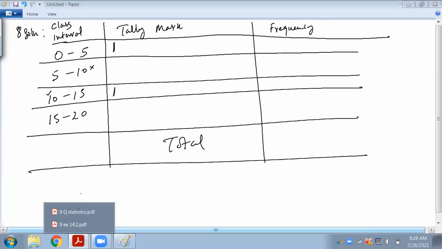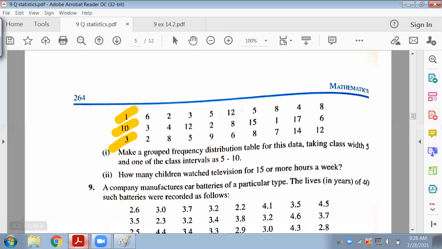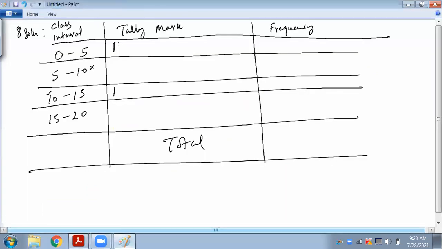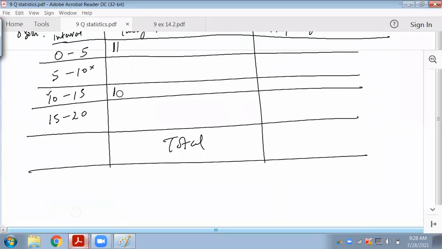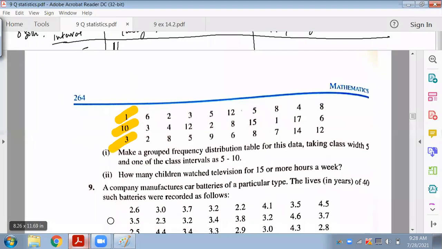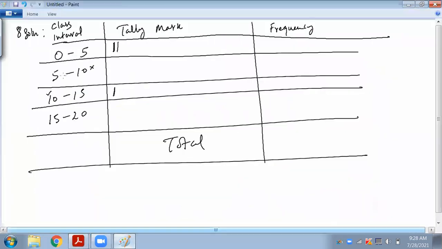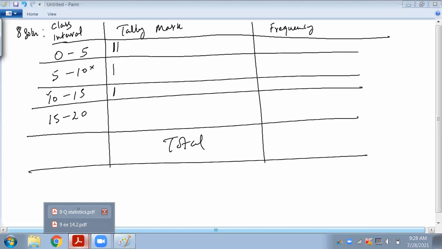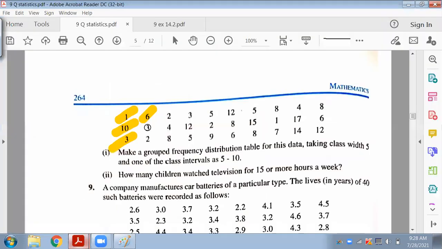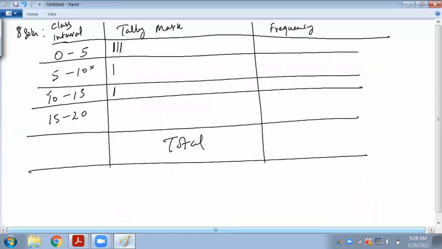Then next is 3, cut 3 and put the tally. 3 will lie in the 0 to 5 class, so put the tally near it. Again, cut the next one. Next one is 6. 6 will fall in the 5 to 10 class, so put a tally there. Next one is 3 again, so it will be in 0 to 5.